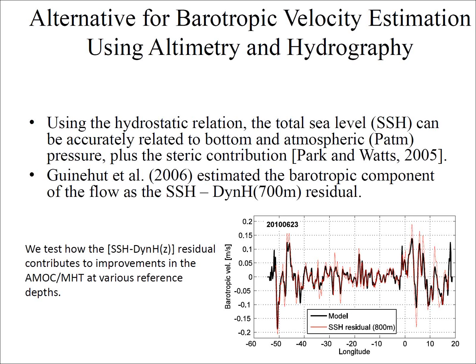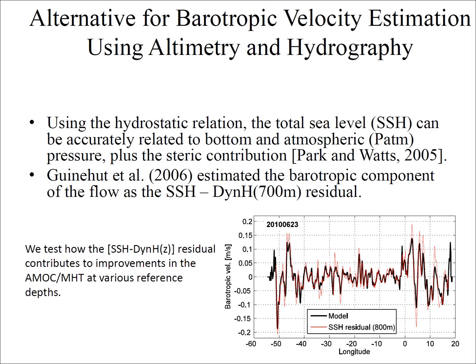So one of the methods we try to overcome this problem is to use other observational data to improve our representation. Altimetry is something that we always use together with XBT, and is a good candidate for that.